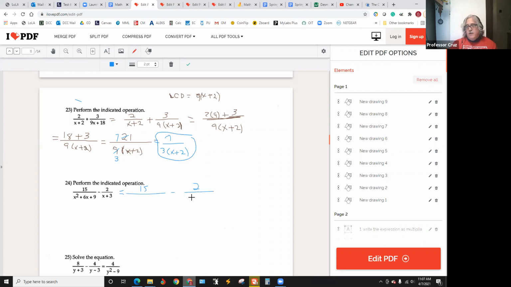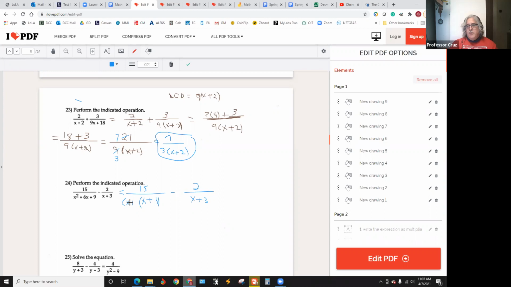It's already one factor by itself, so we can just look. 3 goes into 9 3 times, and it's going to be x plus 3. Both of these are positive, so it's another x plus 3.